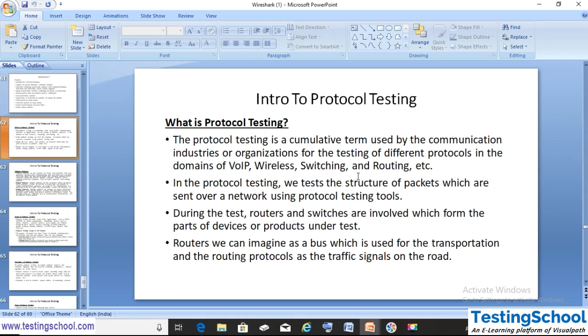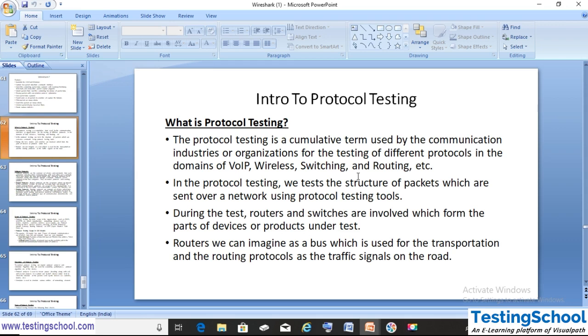Similarly, in networking we have protocols. Suppose we configure a protocol, which we'll call OSPF, on router A and router B. Both routers will now follow the same set of rules. That is why we have protocols.